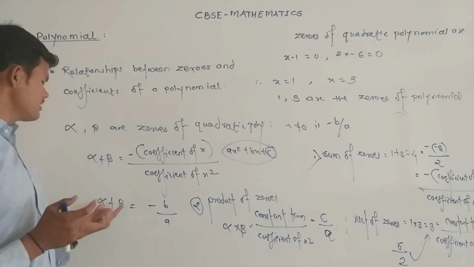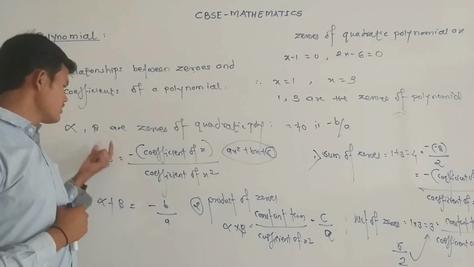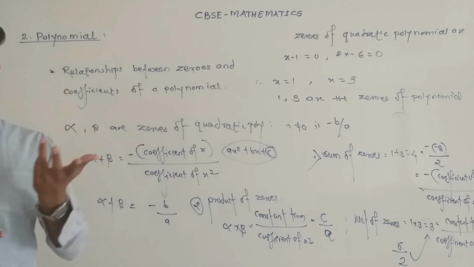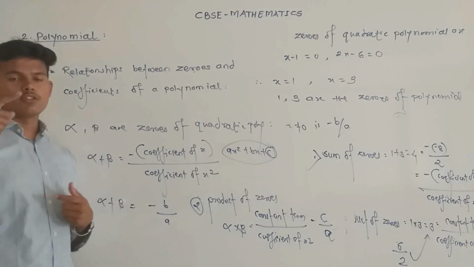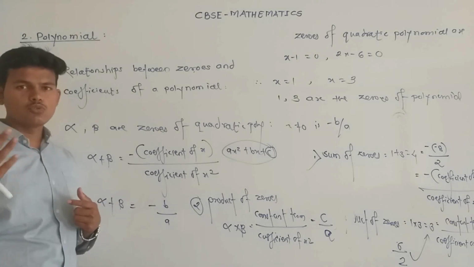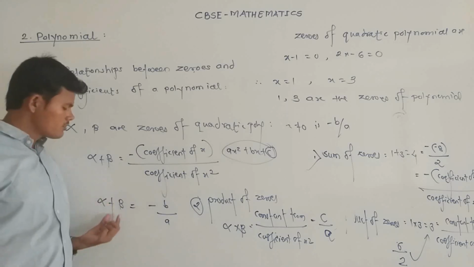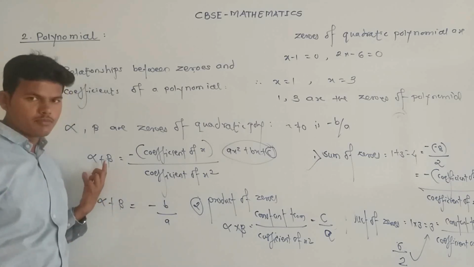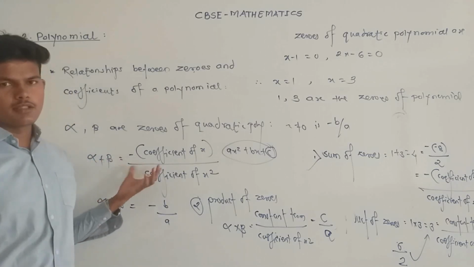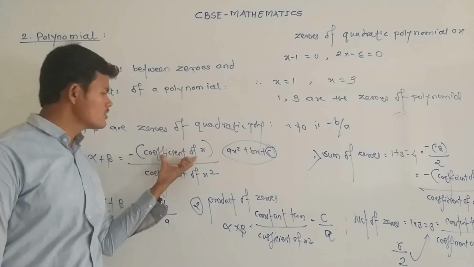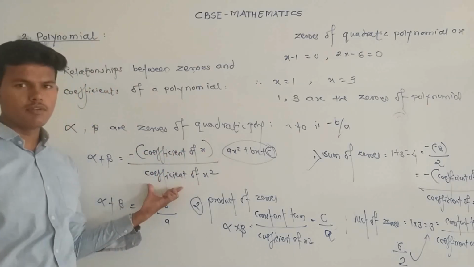So two relations are there. If alpha and beta are the zeros of a quadratic polynomial, why? Because a quadratic polynomial has at most two zeros. So consider alpha and beta are the two zeros. The first relation is alpha plus beta, which is minus the coefficient of x divided by the coefficient of x square.